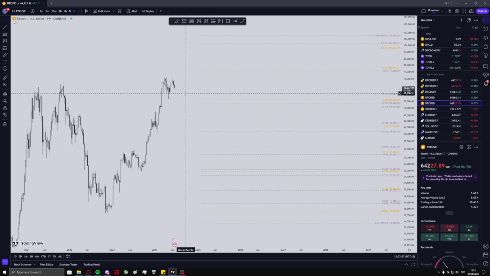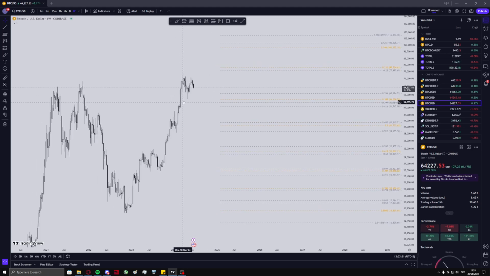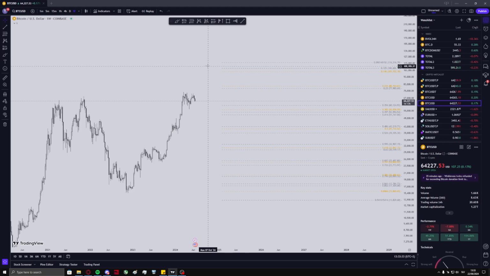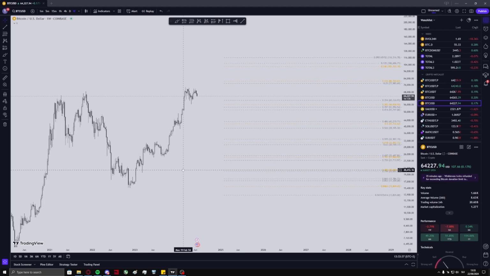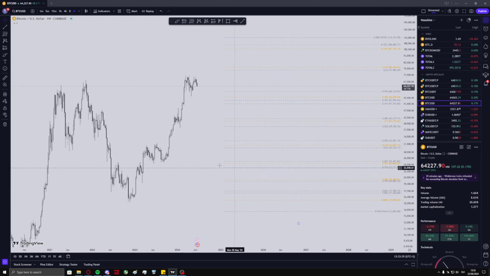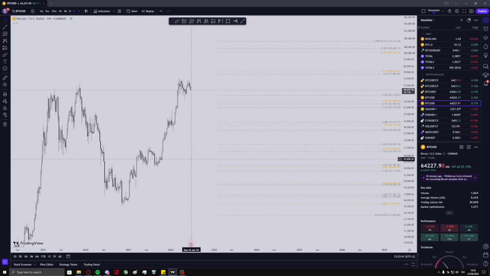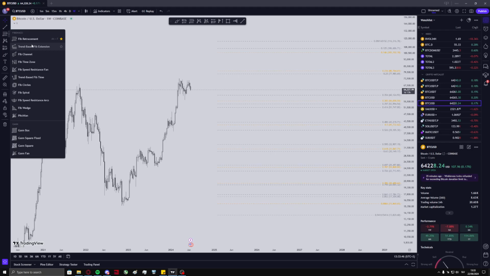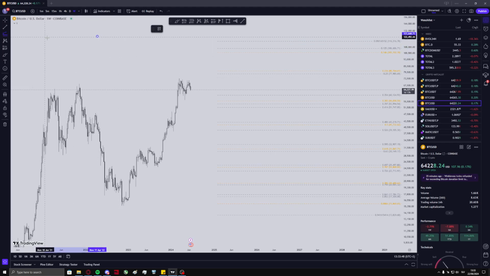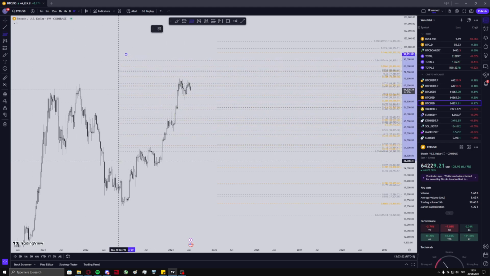So you can calculate so many different fib numbers, and I've personally chosen to use the ones you see here because I find they are the most suitable for me and what I need.